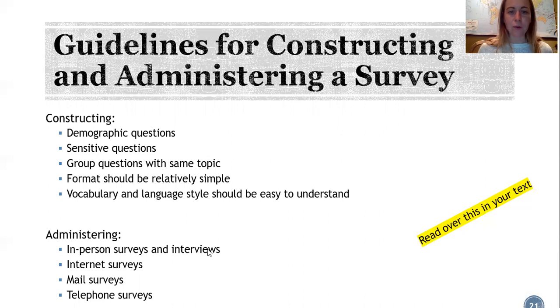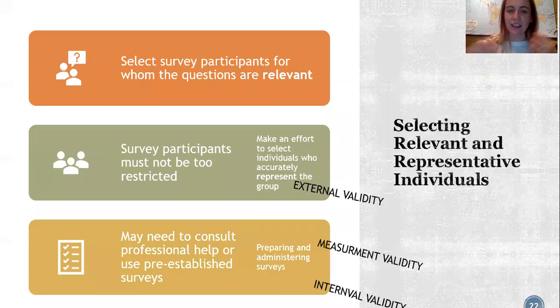Similarly, how we sample our participants has implications for external validity, which we talk about here. So this repeats a lot of what you learned about in the chapter about sampling participants, and the same thing applies here. So selecting who we want to do our survey, we want to make sure that the people that we ask to do the survey, well, those questions are relevant for them.